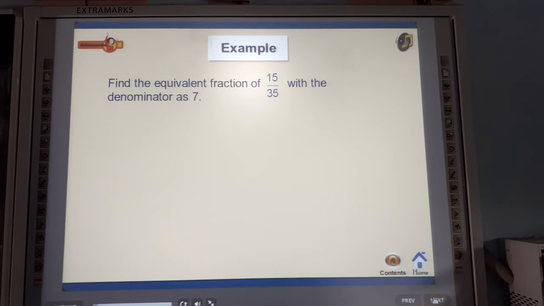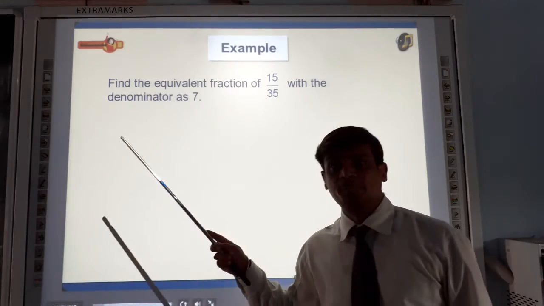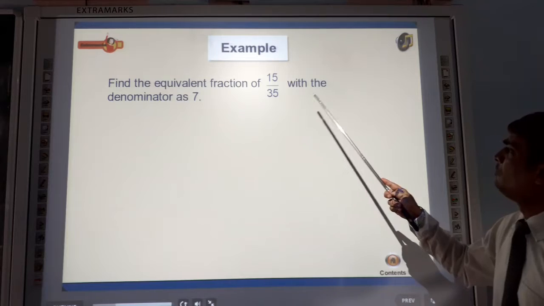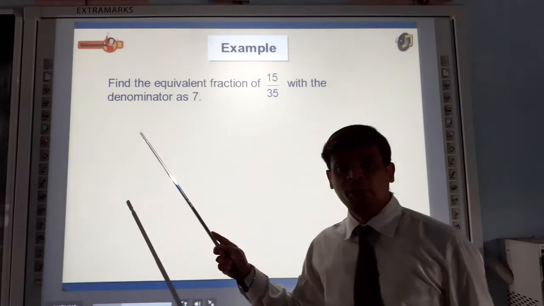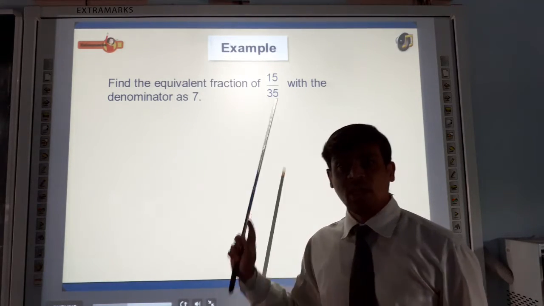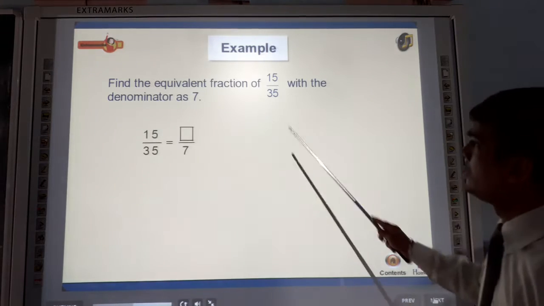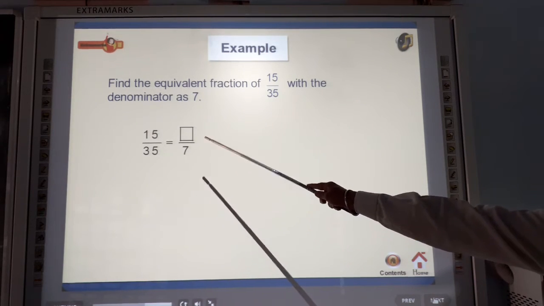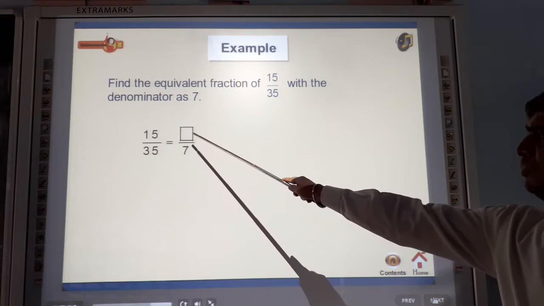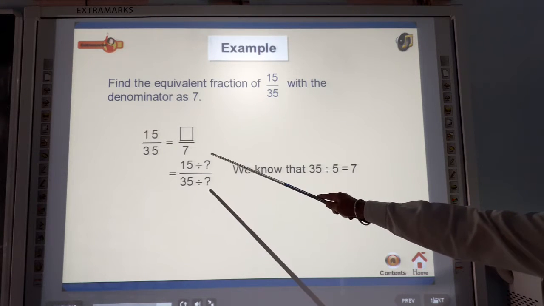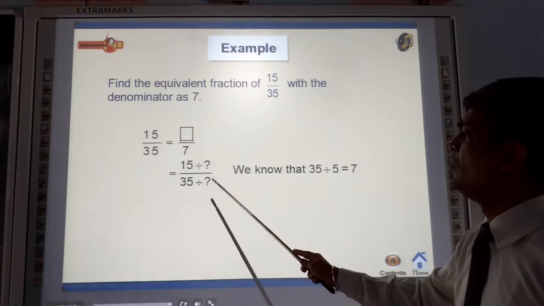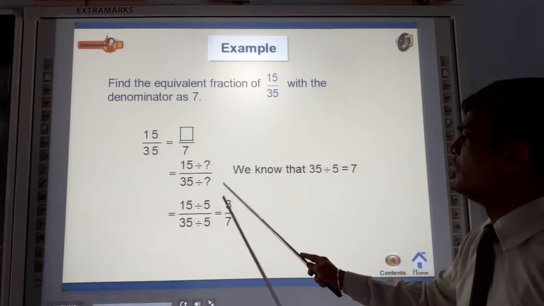Now next example, find the equivalent fraction of 15 upon 35 with the denominator as 7. Okay, look at this. 15 upon 35 is equal to, this is missing number, upon 7. So 15 is divided by unknown number, and 35 is divided by unknown number.